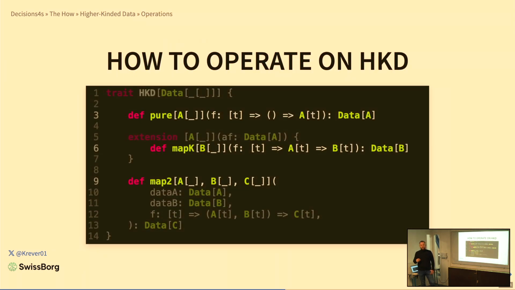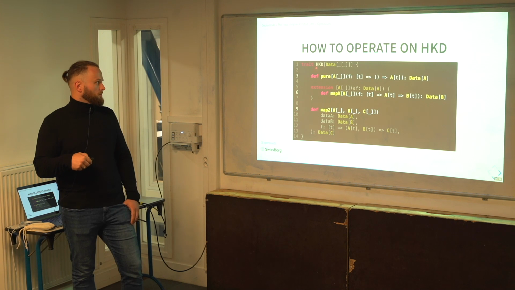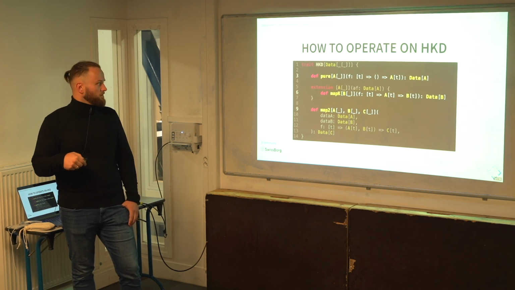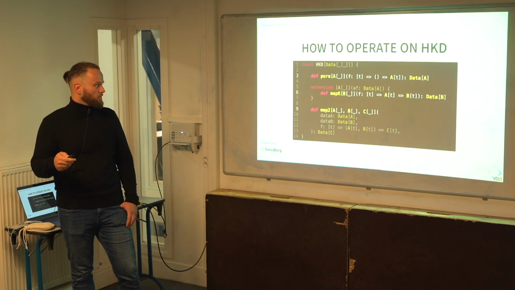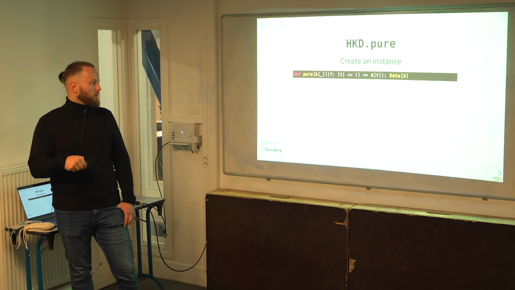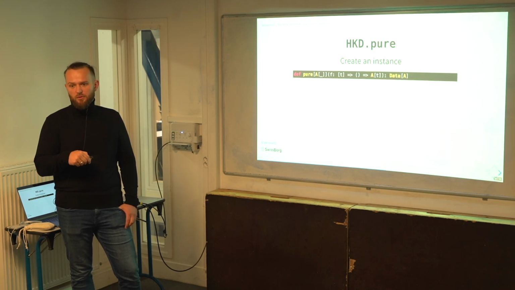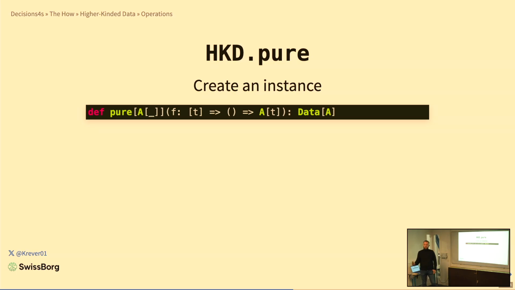In Decisions4s comes with its own type class, which is called HKD, and it defines three methods: pure, mapK, and map2. Pure takes a polymorphic function from Unit to A of t and produces a data of A. So it just allows you to create an instance.